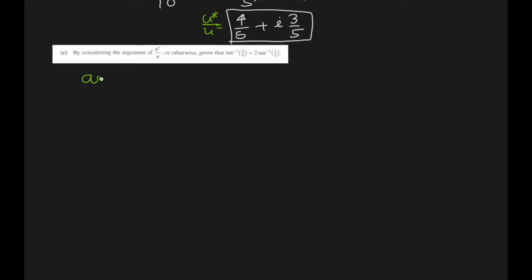The argument of u star over u is the same as the argument of u star minus the argument of u. Okay, so first let's find the left hand side, LHS, the argument of u star over u.